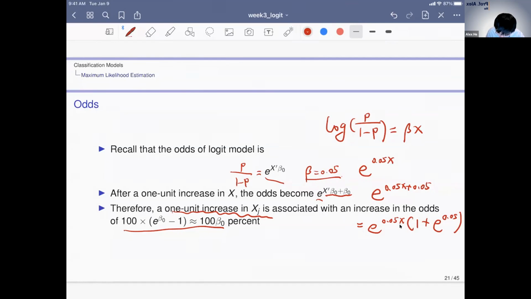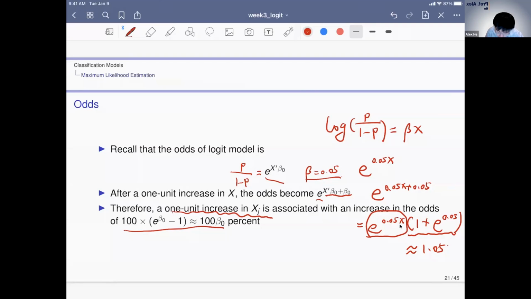And this e to the 0.05 is approximately 1.05, because e to the 0.05 is approximately 1 plus 0.05. So this is just the value before times 1.05.